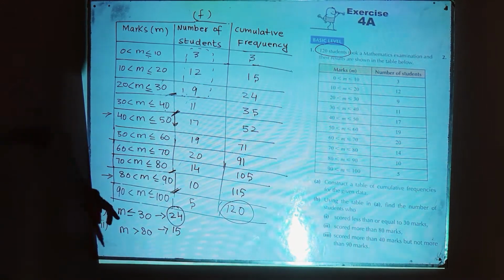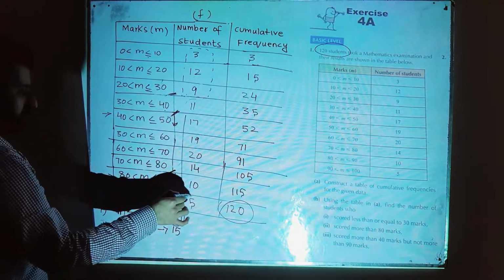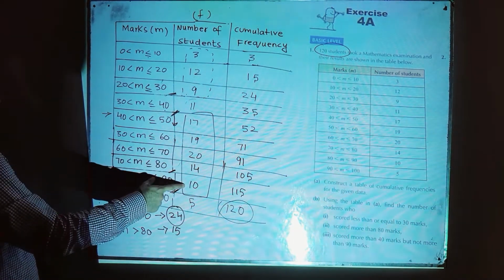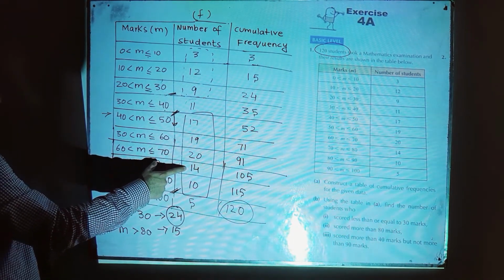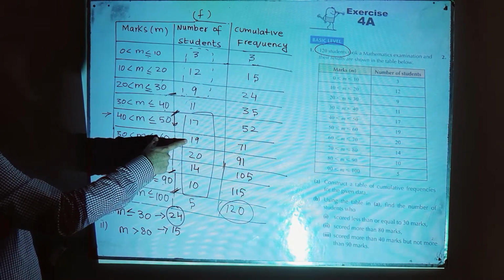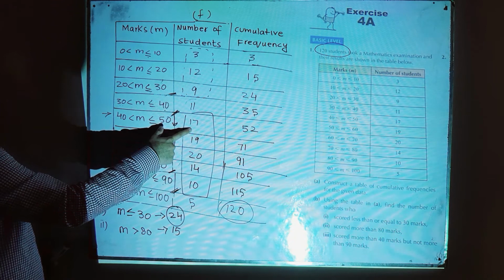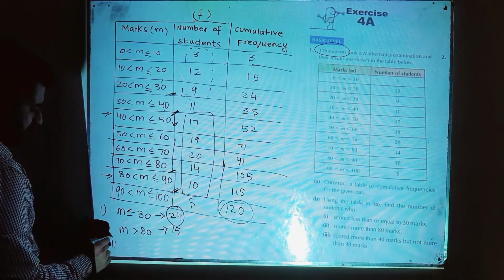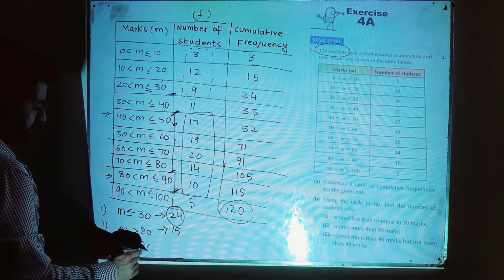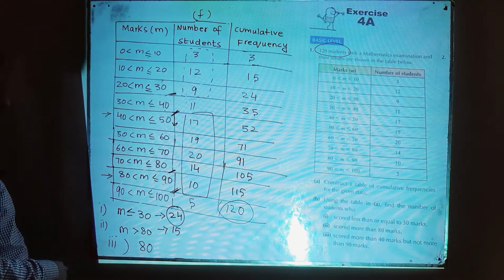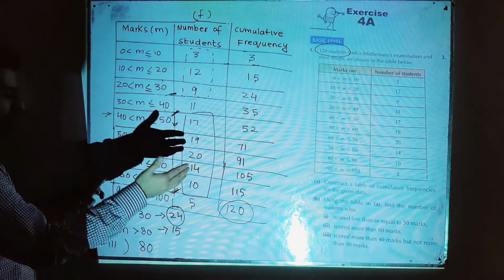So you have to add all these: 20 plus 10 is 30, plus 10 is 40, 44, 54, 64, 70, and 10 is 80. So the answer for part number 3 is 80 students who scored more than 40 but not more than 90.